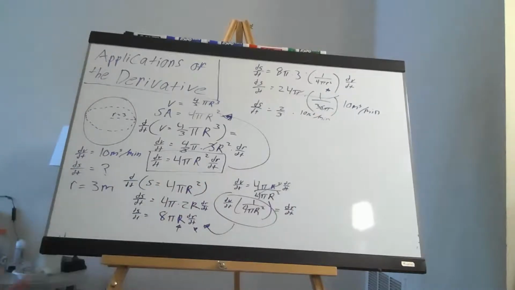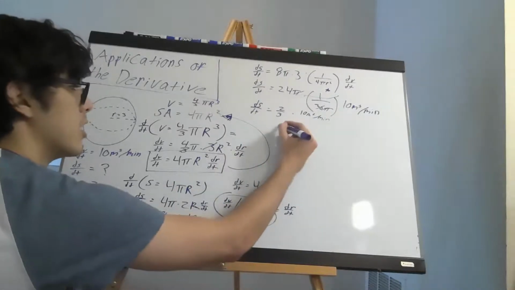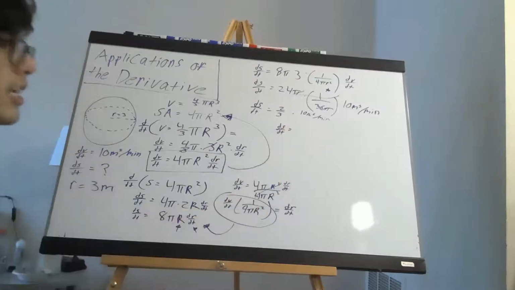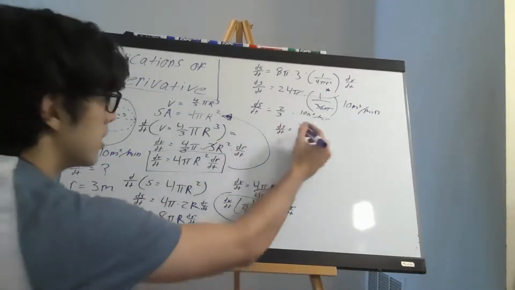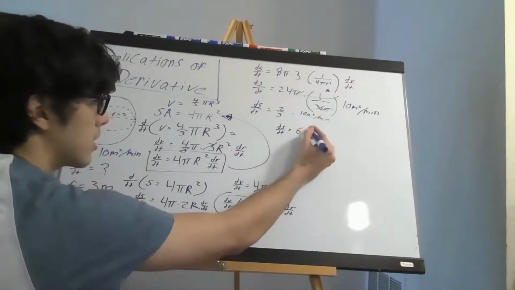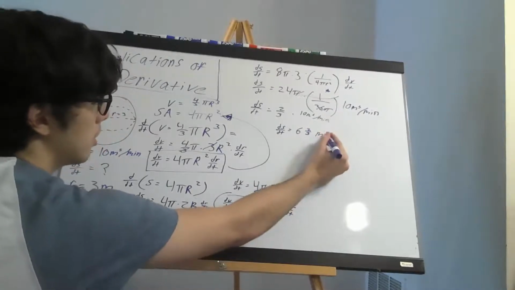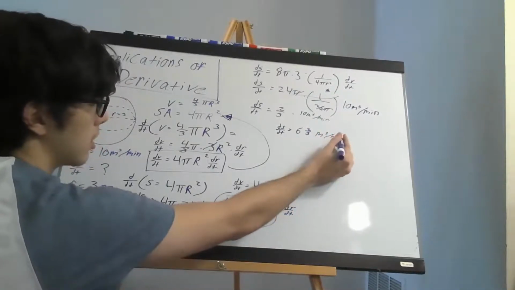And then the final step here is to just multiply this out. So if you really want to write it as a fraction, which I know I will, it's dS/dt. Actually, check this out, guys. I'm going to write it as a mixed fraction. That's what they call it. 6 2/3 meters cubed per minute.